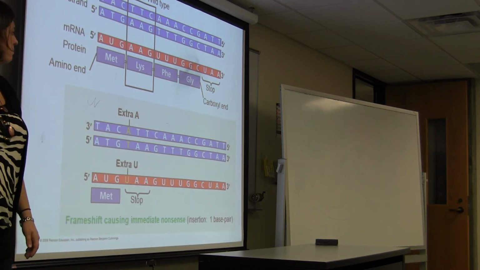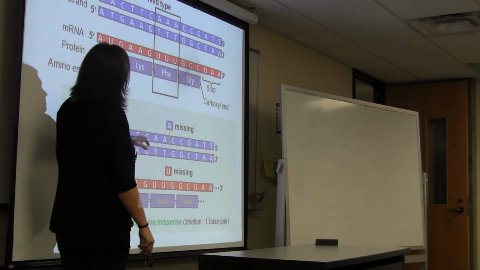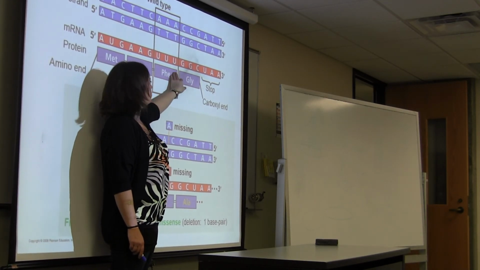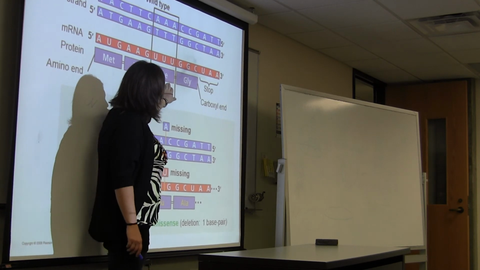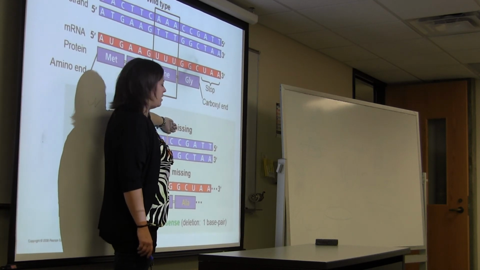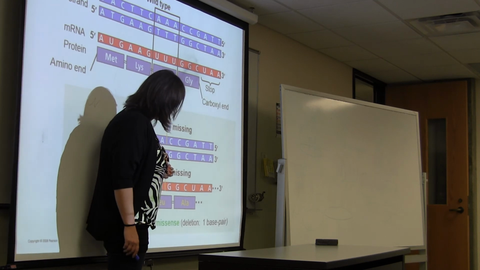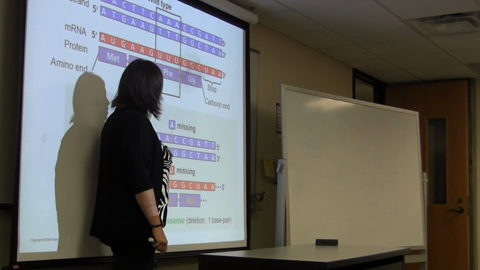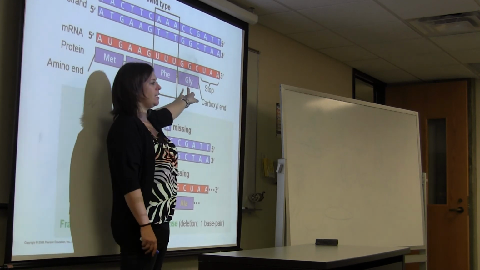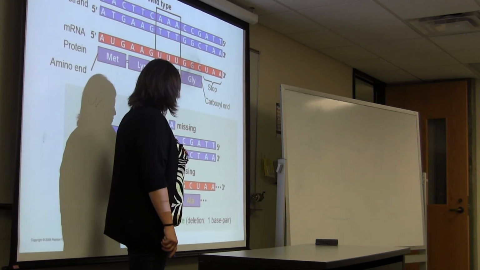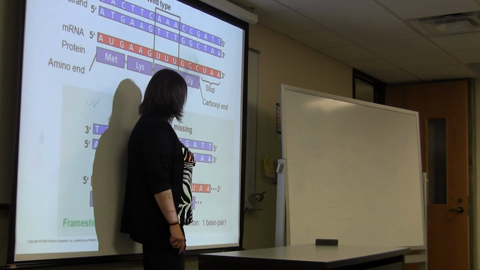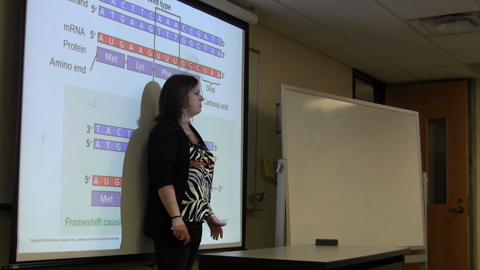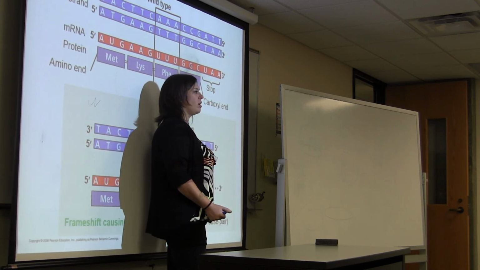Let's look at a deletion. In this case, we're looking at AAA here, which gets transcribed, and UUU codes for phenylalanine. Well, now we're taking out one of those A's. So again, we're missing that U in the mRNA, and that's changing the reading frame. So instead of having phenylalanine and glycine, now you have leucine, alanine, and everything else after that point is almost guaranteed to be the wrong amino acid.